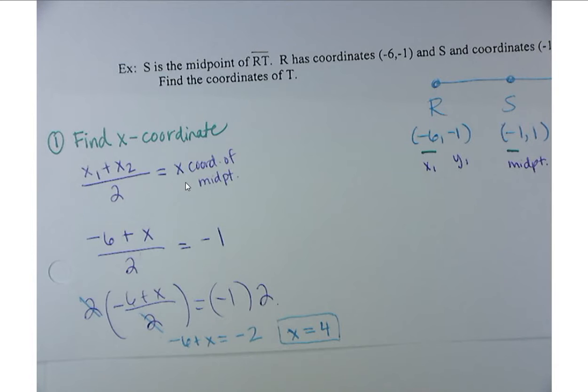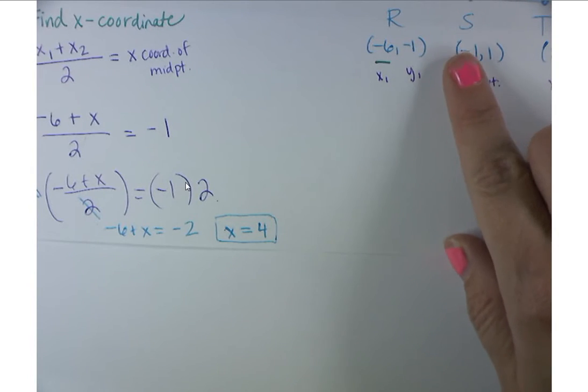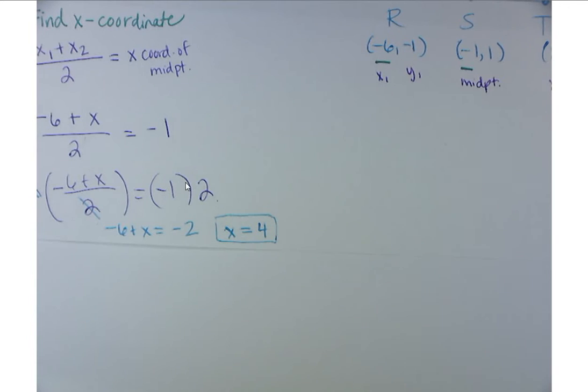Okay. And again, you can go ahead and check. From -6 to -1, we knew that was 5 units across for your x. So you'd have to add 5 to your x coordinate. We can do the same thing with y.